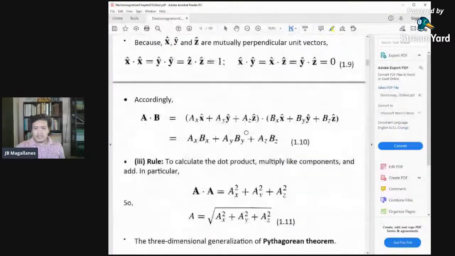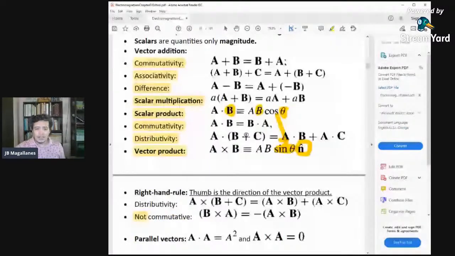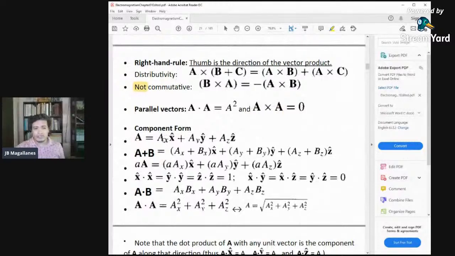So you can write a vector A in terms of the three components: ax in the x direction, ay in the y direction, az in the z direction. If you add two vectors, you just add the components: ax plus bx in the x direction, ay plus by in the y direction, and az plus bz in the z direction.